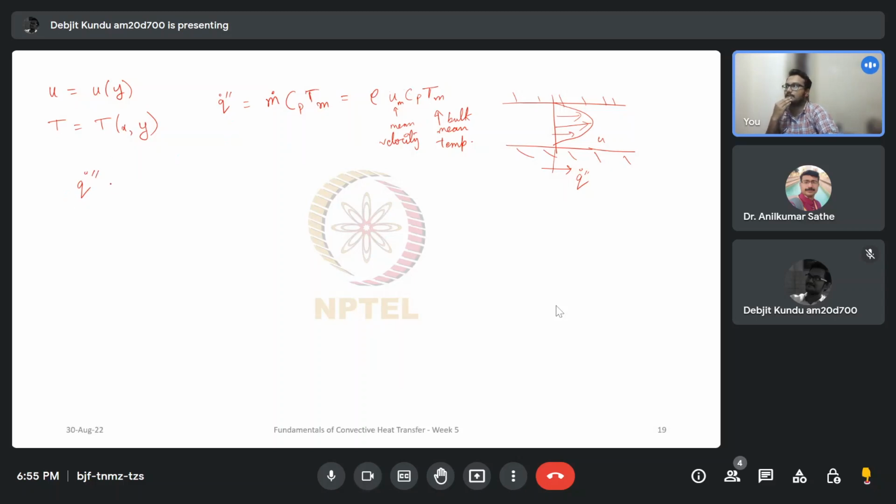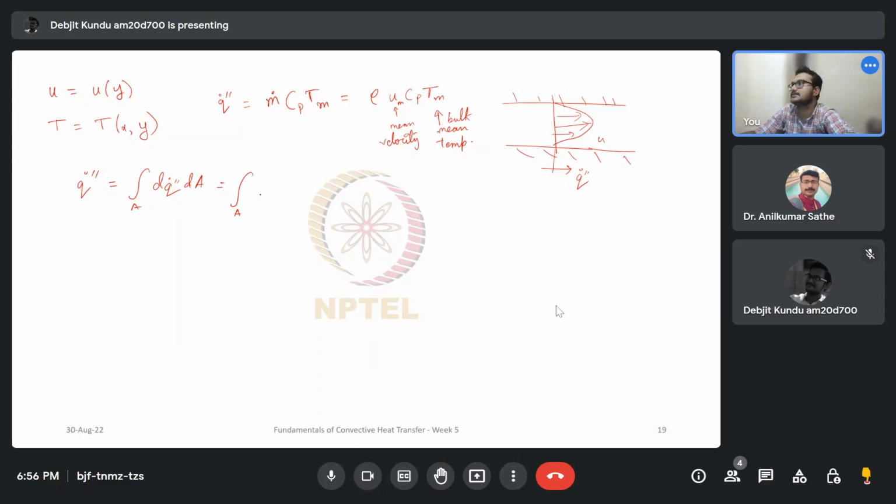And what is it actually? It can be integrated over A, so it's the heat energy transported within a small elemental volume, or across an elemental area.